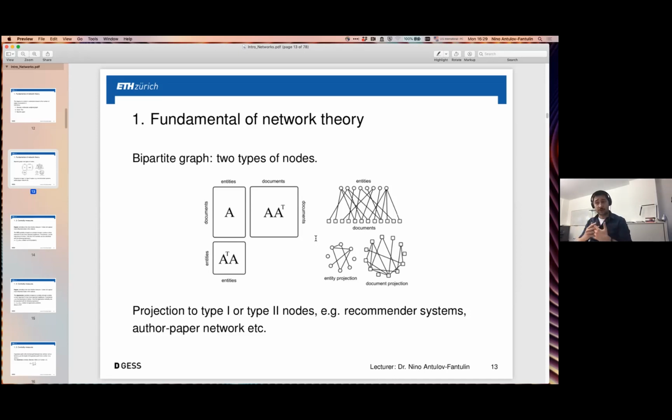More generally, we would say if we have type 1 and type 2 nodes, and if A is the incidence matrix describing which type 1 node is connected to type 2 nodes, then in linear algebra, if we write another matrix A times A transpose or A transpose A, we would be getting projections to type 1 or type 2 nodes.